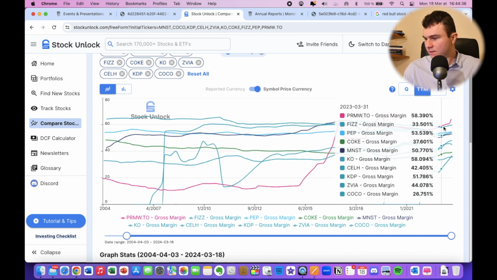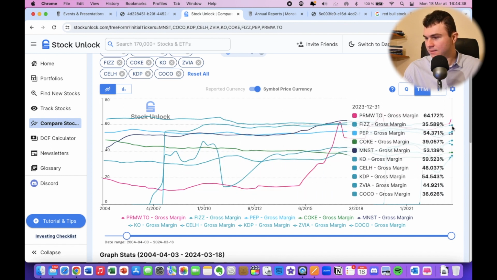And if you look at the latest data, at the end of 2023, what is the company with the highest gross margin? Well, you have PRMW, I don't know what that is.